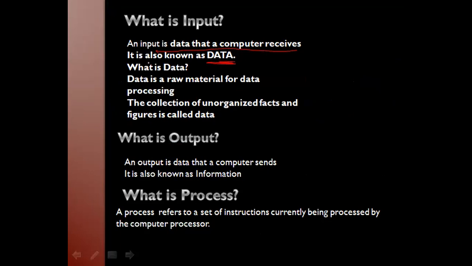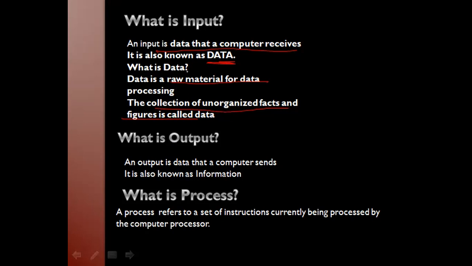Then we'll discuss what is data. Data is nothing but the raw material for data processing, a collection of unrecognized facts and figures. It can deal with numbers, text, images, sound, etc. Data does not convey any meaning and it is processed or manipulated to produce meaningful information.